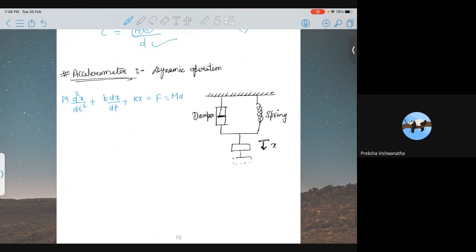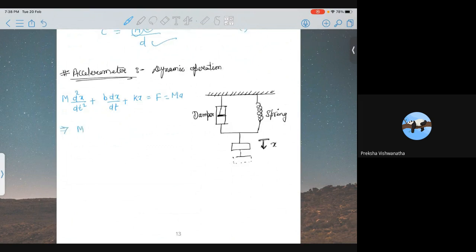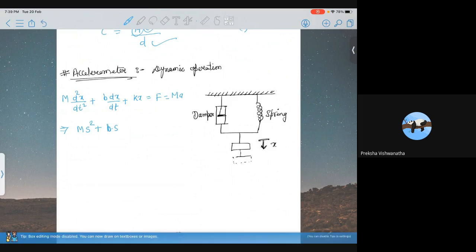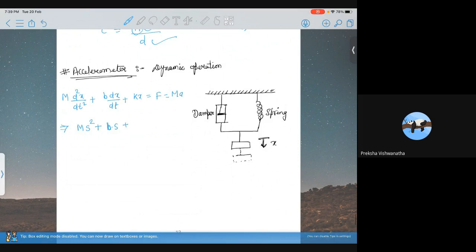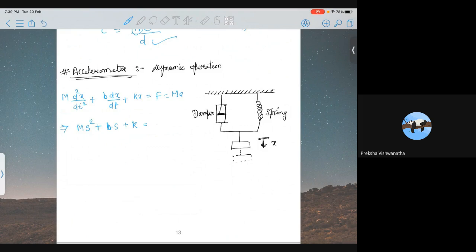So if you write it in terms of Laplace, we replace d square x by dt square with s square, dx by dt with s, and this is k equal to 0.